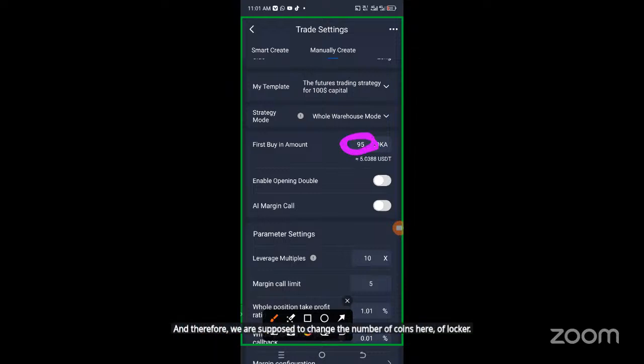The number of coins should be equivalent to $50. How do we get the number of coins that are equal to $50?